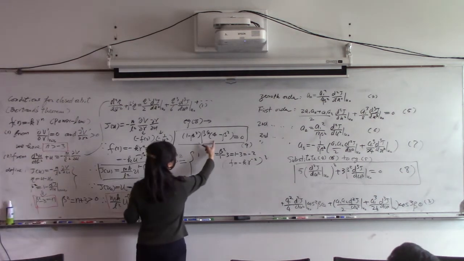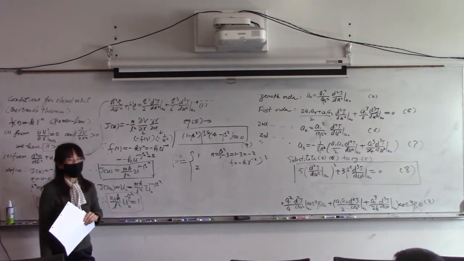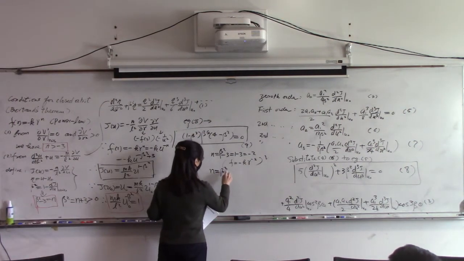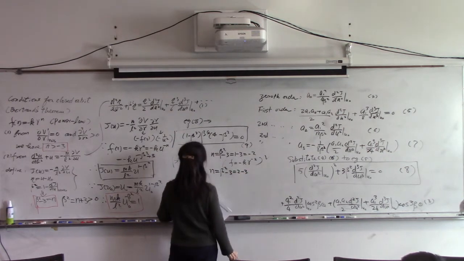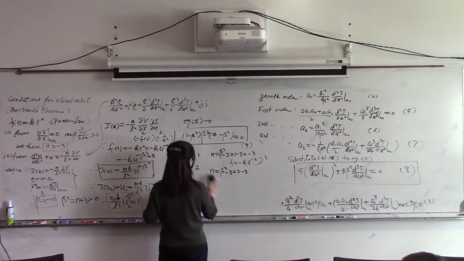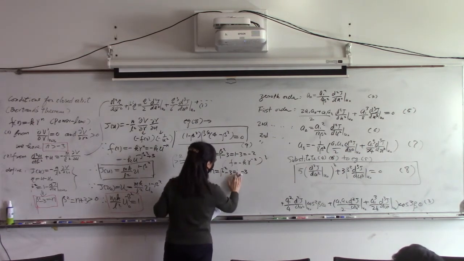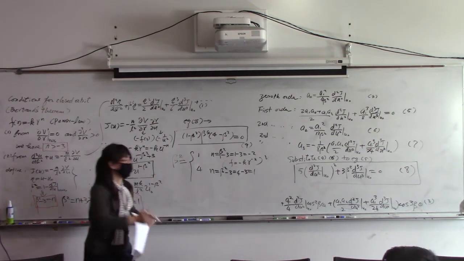Second one, this one: beta square equal to 4. Let's see, n is beta square minus 3, that is 4 minus 3, which is 1. So which force? The Hooke force, right?